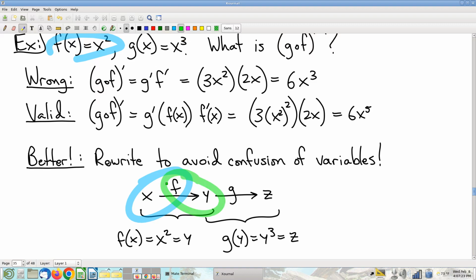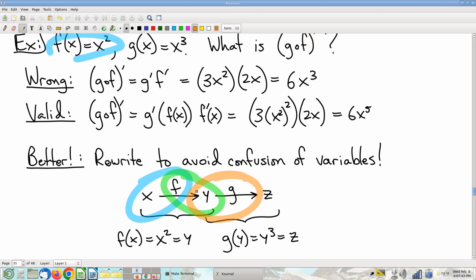I can't call it x. You can't have x being both the input and the output for the same function. That's definitely a confusion of variables. So I'll call it y. That kind of forces my hand though. What am I going to write g in terms of?